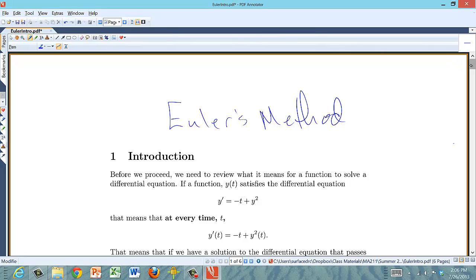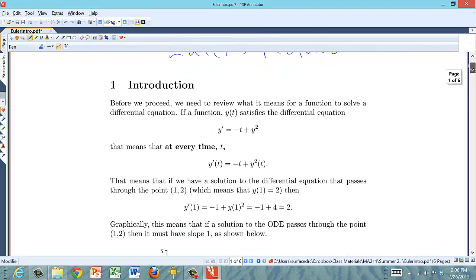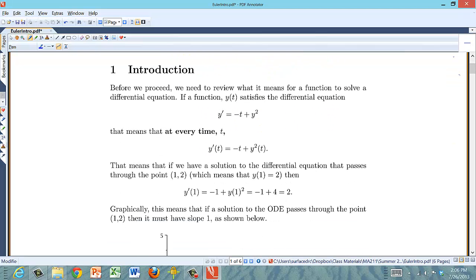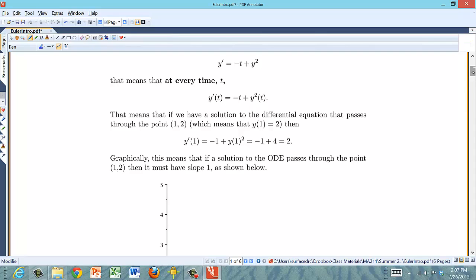Before we can go any farther, we really need to remember exactly what it means to be a solution to the differential equation. So for example, if you have a solution to the differential equation y prime equals negative t plus y squared, that means that every time t, y prime at t is equal to negative t plus the value of y squared at that time. So remember, there's lots and lots of solutions to a differential equation, and they all go through different points.